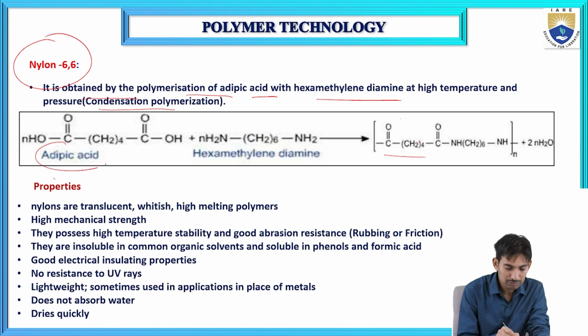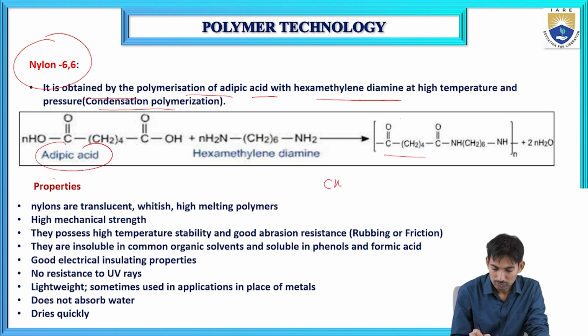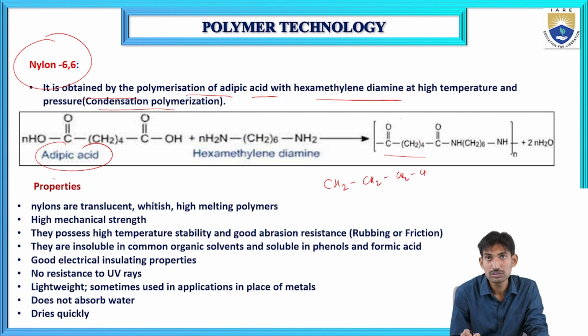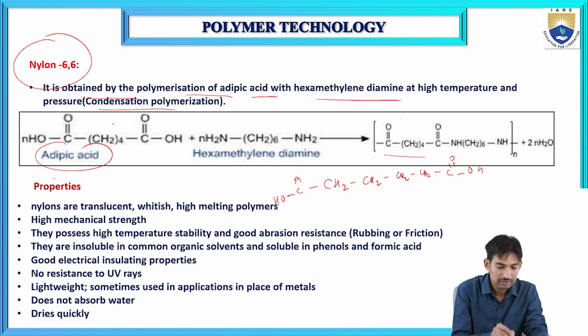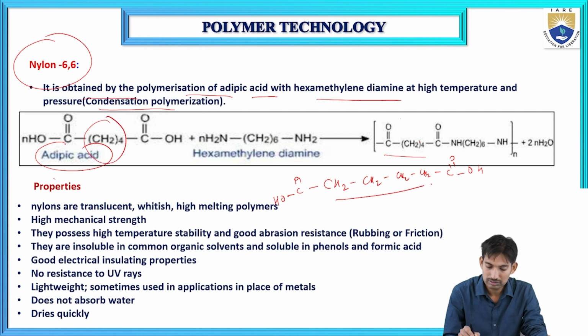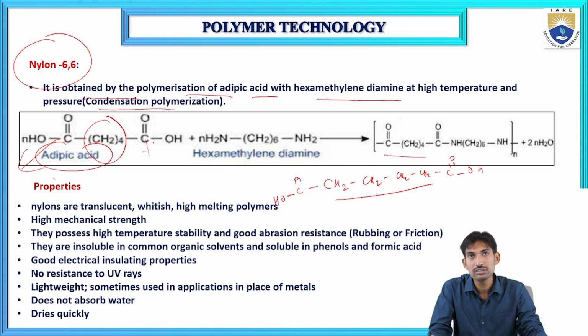The adipic acid formula is HOOC-CH2-CH2-CH2-CH2-COOH. Simply, we can write it as (CH2)4 with 2 carboxylic acid functional groups.